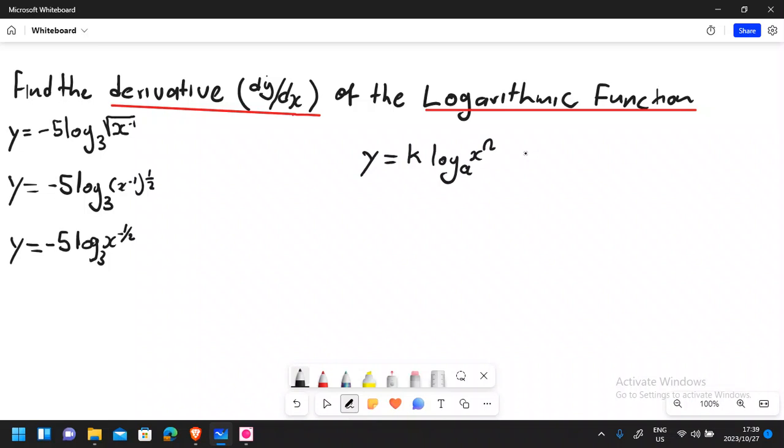When we find the derivative of this log, dy over dx gives us n multiplied by k over x natural log a. Remember, n multiplied by k divided by x ln a, where ln is the standard log base e.